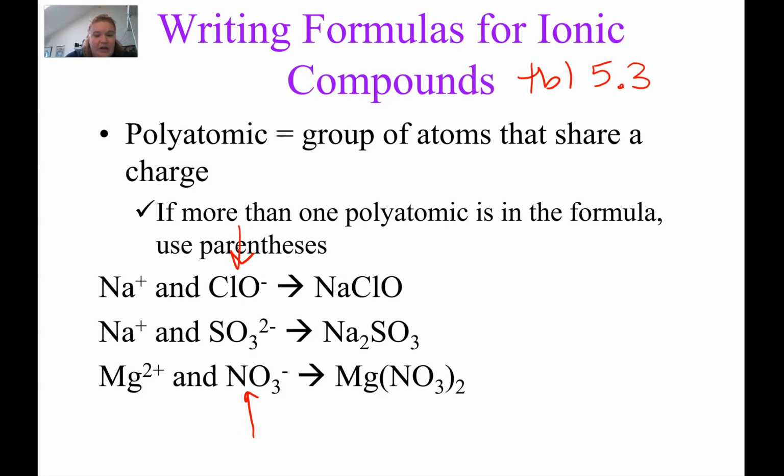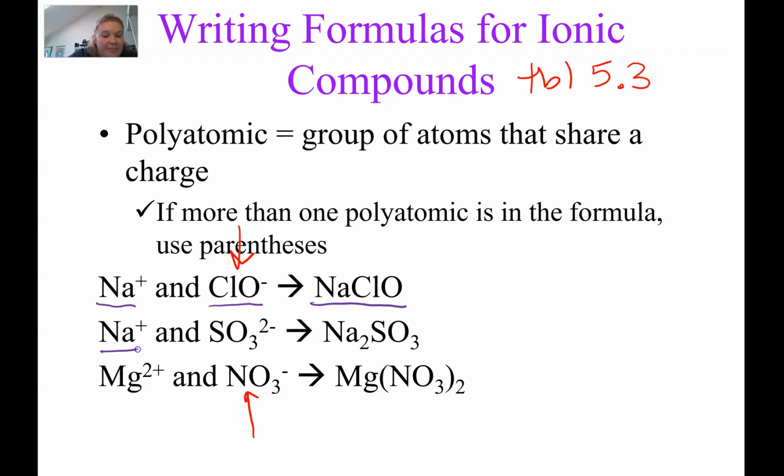So we have ClO with a 1- charge, SO3 with a 2- charge, NO3 with a 1- charge, but we're combining them together in the same way. So in that first example, we have a sodium with a 1+ and a ClO- with a 1-. So it is a 1-to-1 ratio.